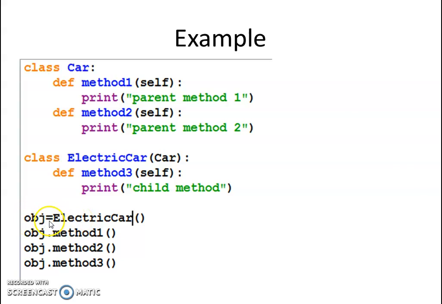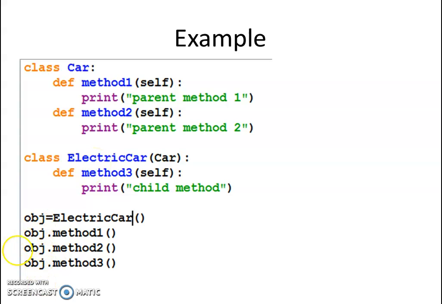Next we are creating an object of electric car. This is the syntax to create an object, as we discussed in earlier videos. We write the class name with parentheses and the object name, so here obj is the object name and this is the object of the electric car class.